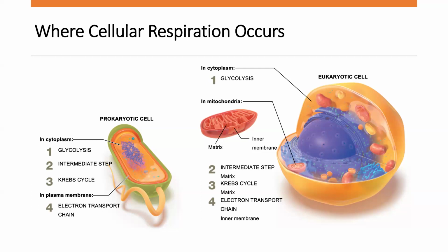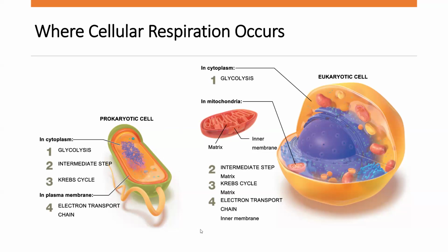While the intermediate step, Krebs cycle, and electron transport chain happen in the mitochondria. For bacteria, the intermediate step and the Krebs cycle happen in the cytoplasm, and the electron transport chain happens in the membrane.